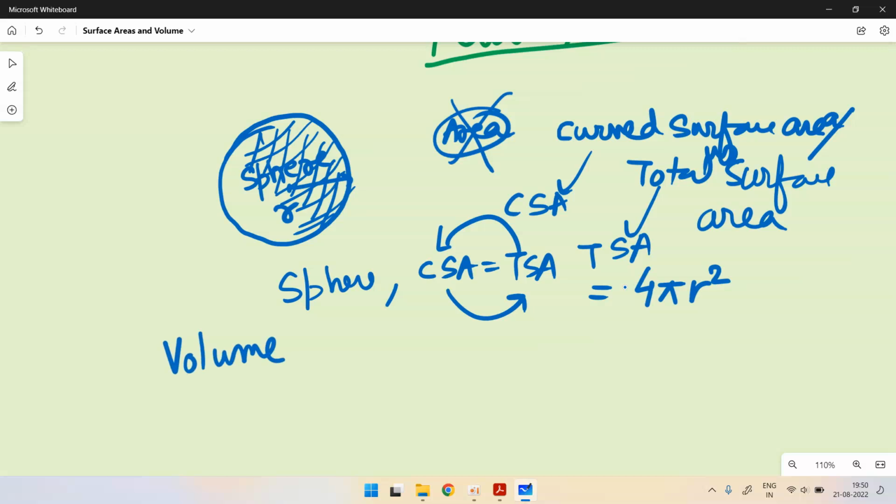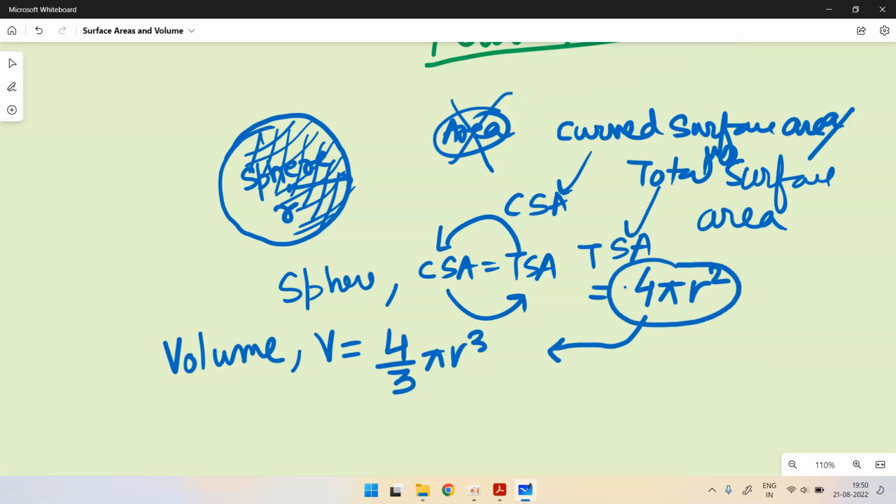Volume V of a sphere is 4 by 3 pi r cube. It is derived from here. You can see that there is 4 pi r square, area into length is this.